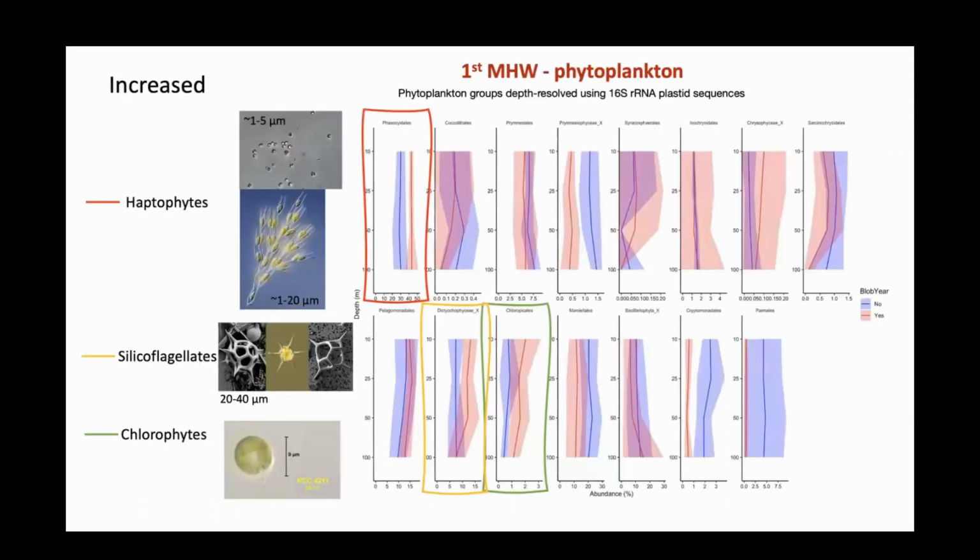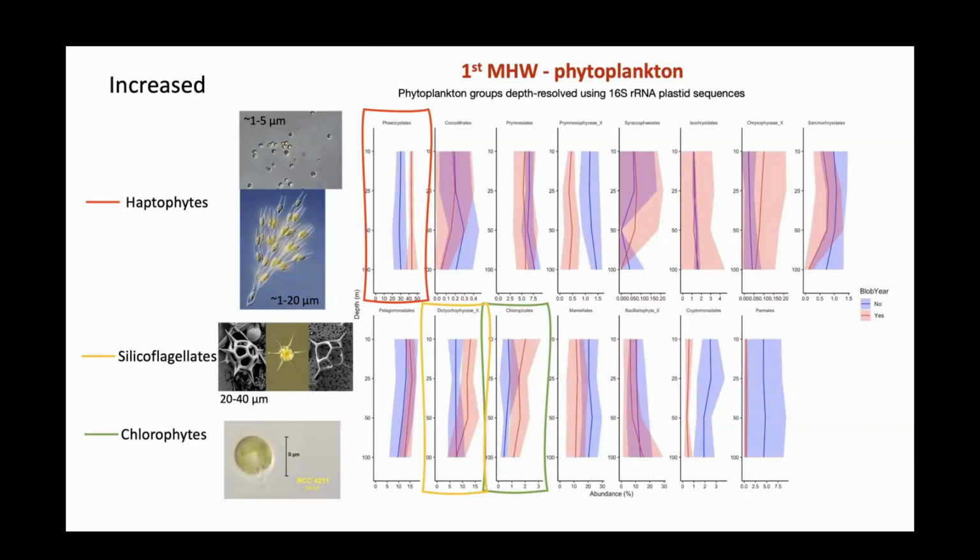Then when we go to genetics, you can go down to orders and genus. And the most striking difference between a marine heatwave year and a non-marine heatwave year, where red is a marine heatwave year and blue a non-marine heatwave year, is that Phaeocystis grew way more during the marine heatwave, and they are super small.